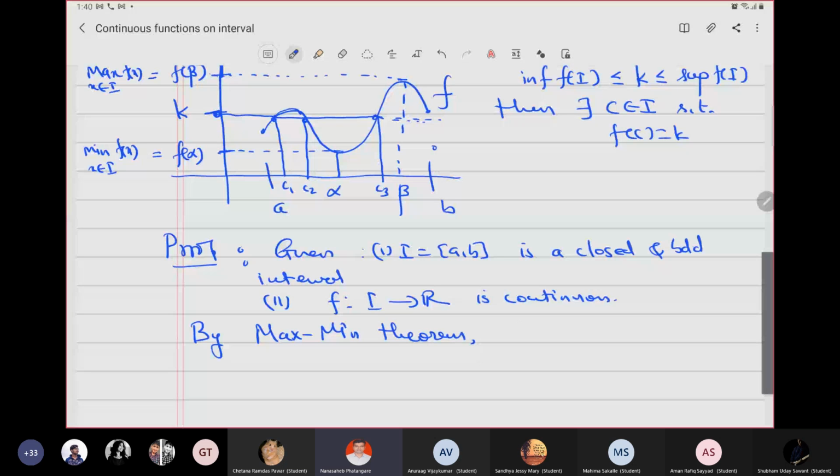Right. So there exist alpha and beta in this interval AB such that f of alpha is equal to supremum of f of I. F of I means range, or maximum of f of x, and f of beta, whichever is alpha, whichever is beta, doesn't matter. But in the figure, I should say which is alpha and which is beta.